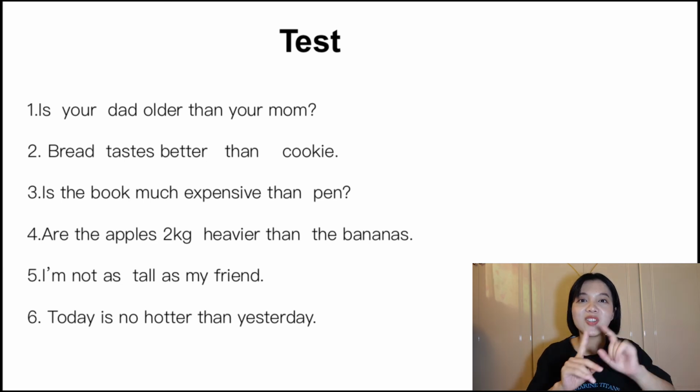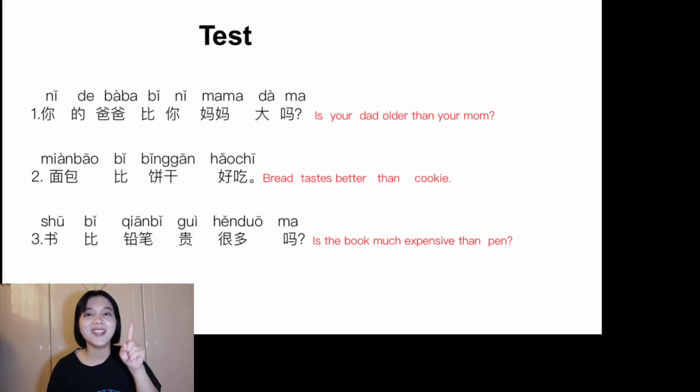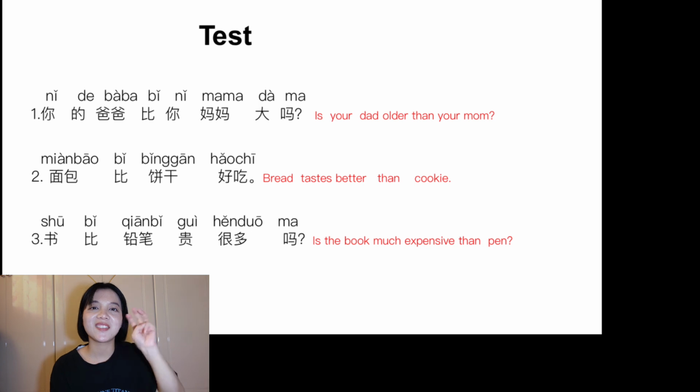Okay, now let's do them one by one. Sentence 1. Is your dad older than your mom? 你的爸爸比你妈妈大吗? In my case, 是的，我的爸爸比我的妈妈大. Sentence 2. Bread tastes better than cookie. 面包比饼干好吃. Sentence 3.